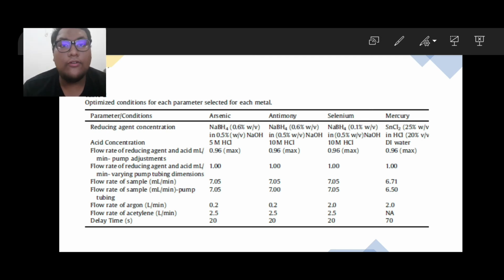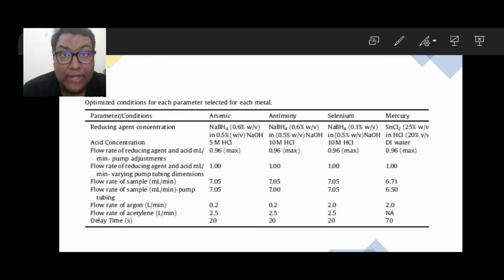The reduced ion forms the stable hydride, which is needed for HGAAS. The optimum concentration of reducing agent used for arsenic and antimony was 0.6% weight per volume NaBH4 in 0.5% weight per volume NaOH. For selenium, the optimum reducing agent was 0.1% weight per volume NaBH4 in 0.5% weight per volume NaOH.